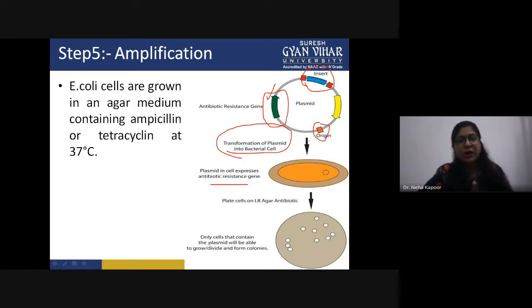And once you have found those colonies, you can plate the cells. Only those cells that will be able to grow and form colonies on that selectable media, you can select those clones, and then you can further isolate the DNA and store them as a library as different clones.